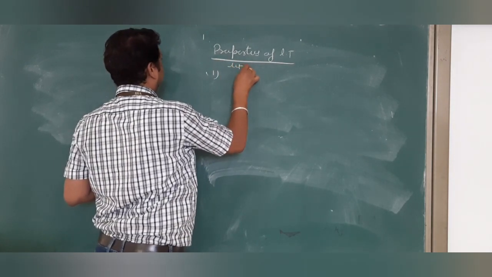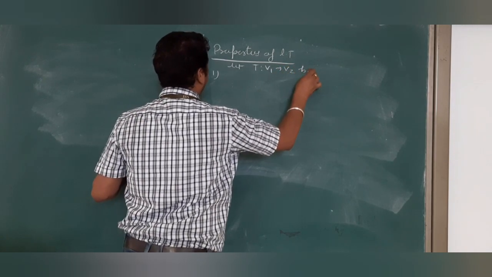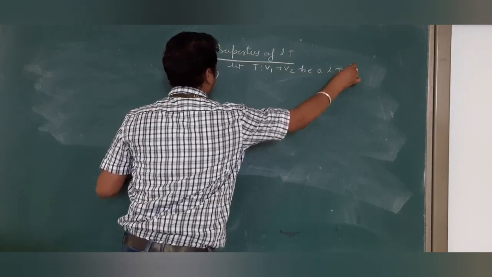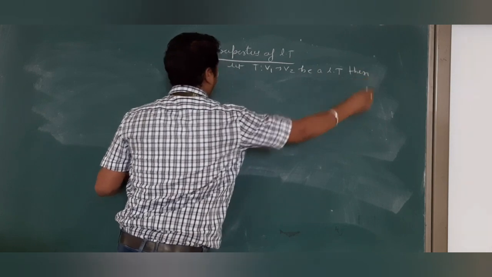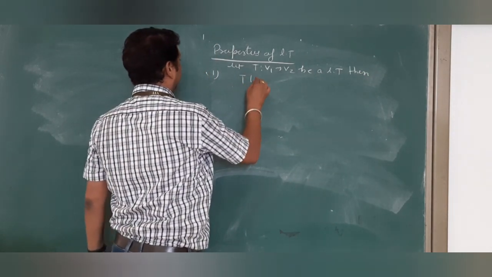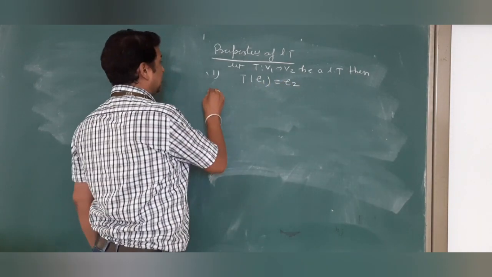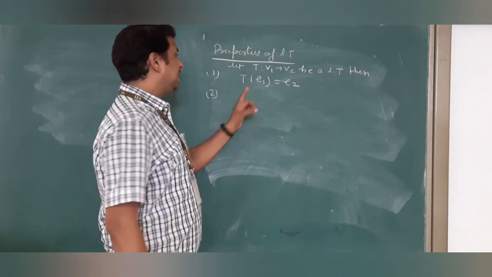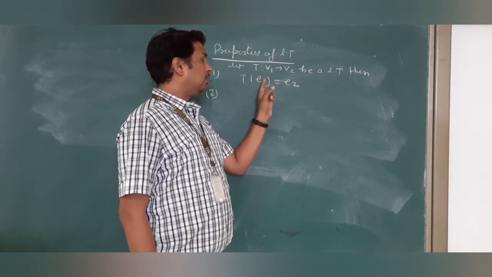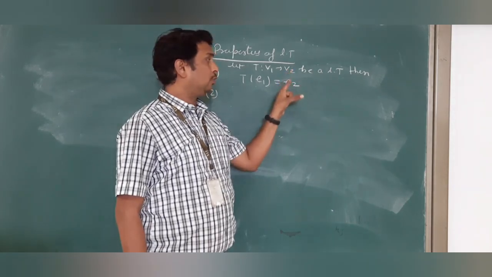Now I will tell you some properties of linear transformation. Let T from V1 to V2 be a linear transformation. Then the properties are: T of E1 is equal to E2, the identity corresponds. Identity of V1 goes to the identity of V2, E2.